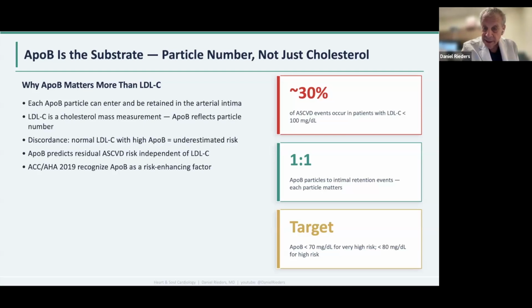So depending on how sick the patient is, we definitely want to treat the ApoB and get it lower. It's just better medicine, more precision. And this is all in medical guidelines.